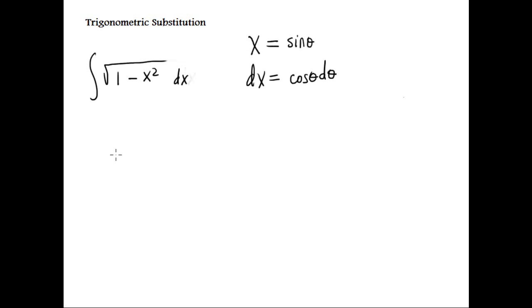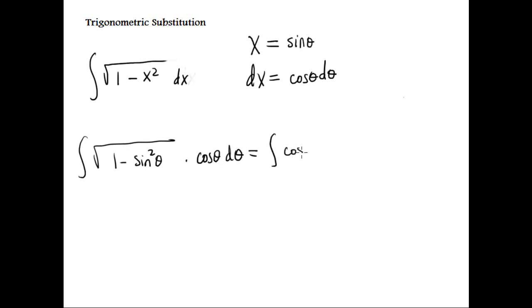Therefore, by substitution, we have the square root of 1 minus sine squared theta times cosine theta d theta. This is cosine times cosine, which is cosine squared.